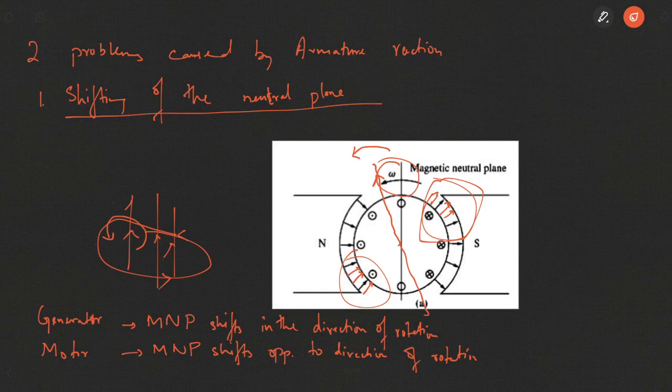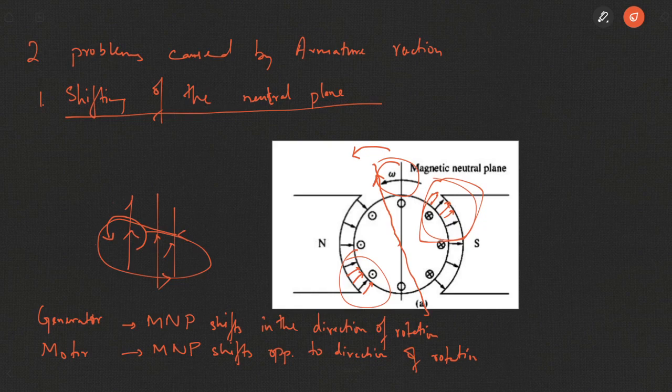The brushes were actually first aligned in the magnetic neutral plane so that the EMF induced would be 0. But since the magnetic neutral plane shifts as soon as the machine is loaded, the brushes are no longer in the magnetic neutral plane. They will be in a certain other direction where the EMF induced would not be 0. Therefore, the end result will be basically arcing or sparking at the brushes.